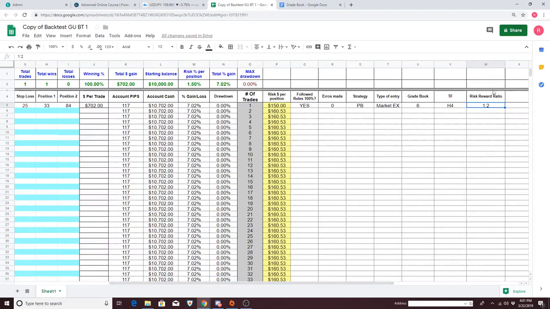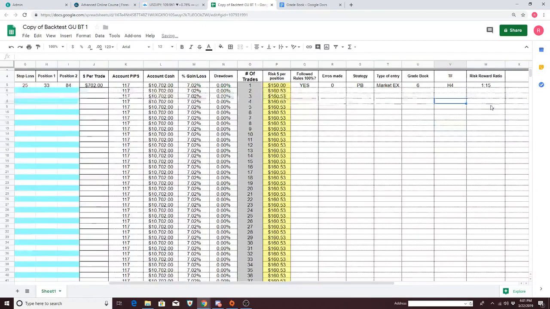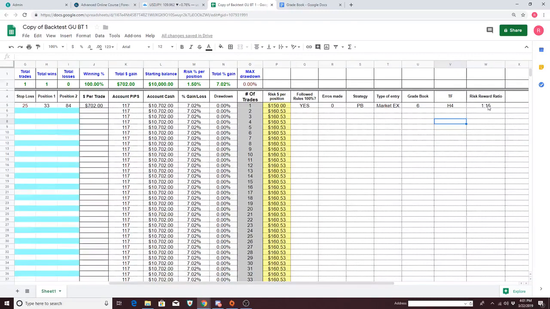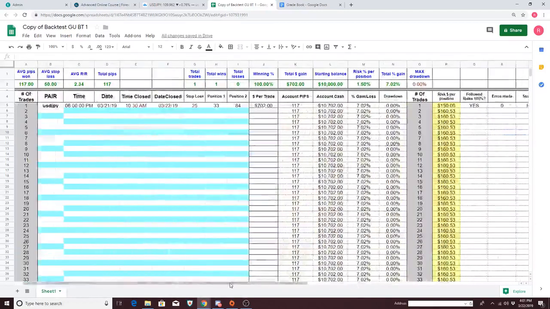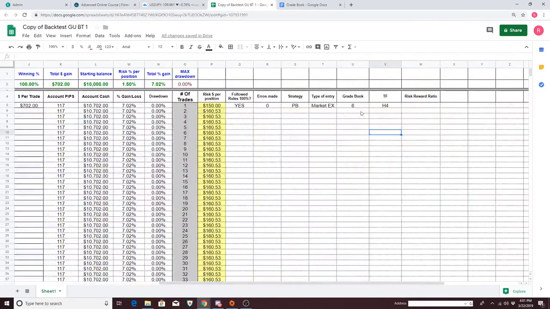This is why you have it here. So instead of 1 to 2, I'm going to do 1.15. And then I notice I'm winning more trades and being more profitable by simply lowering the risk to reward ratio. So again, these are just things you need to tweak. This is mainly for the backtesting though. This one's just for the actual journal itself.